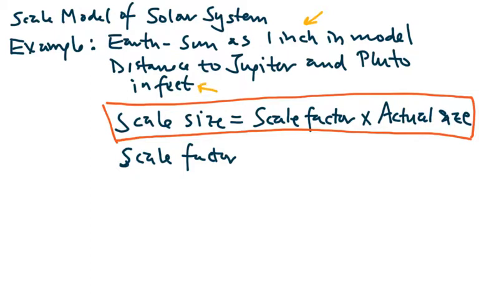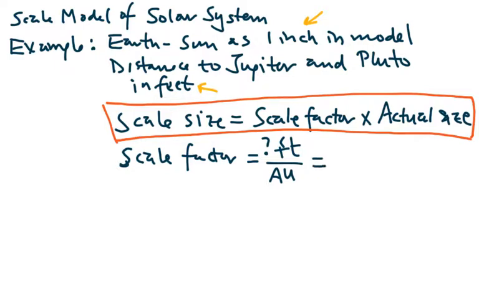So we need to think about how we compare the inches and feet. So the scale factor for our problem is going to be how many feet, that's what we're solving for. So the question, how many feet per astronomical unit, since that will be our actual size units.